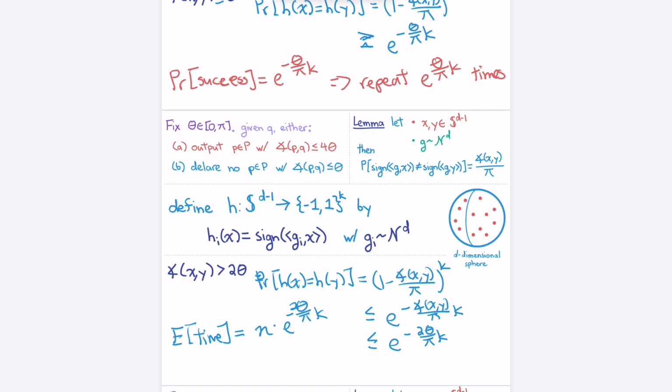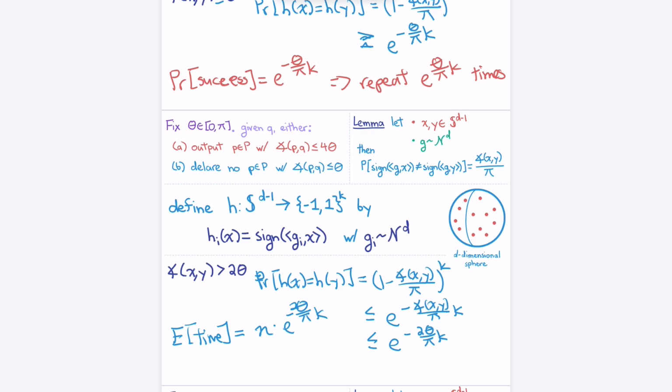What's a reasonable choice of k? My goal is to beat n. We just want to plug in some k's and get reasonable running times, right?